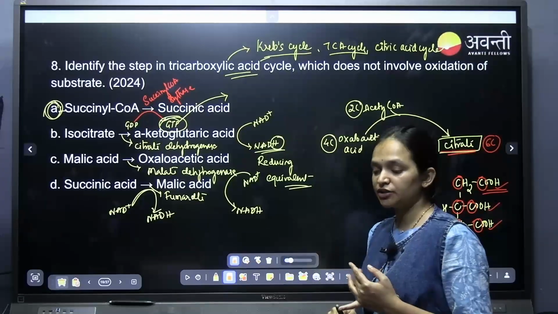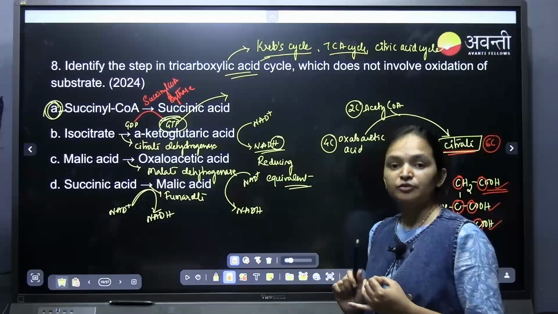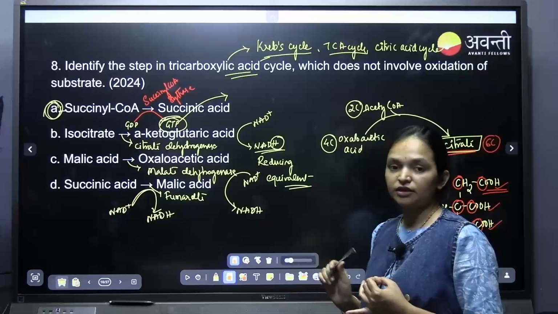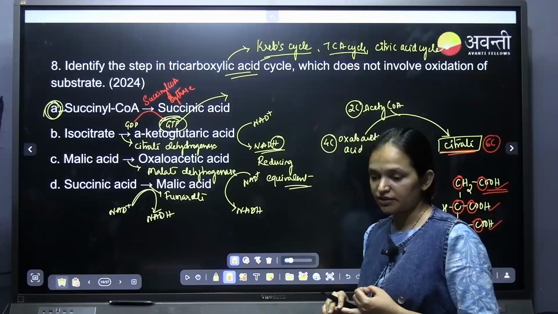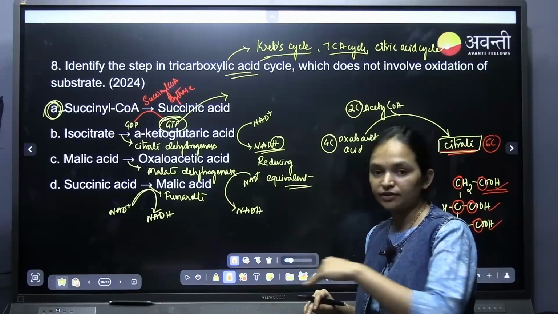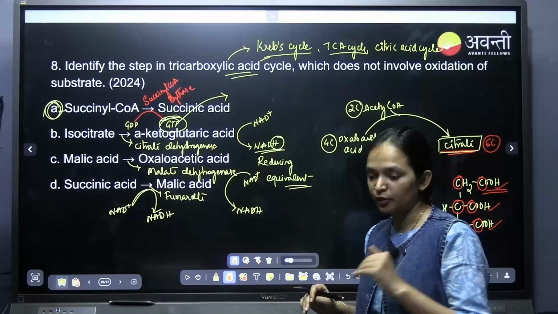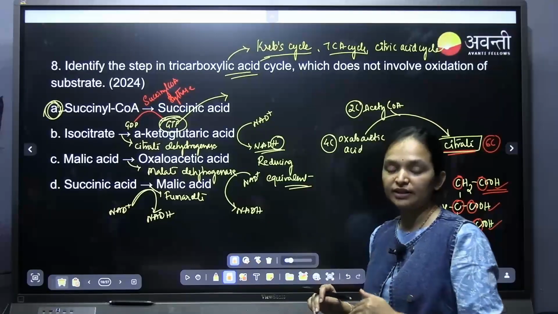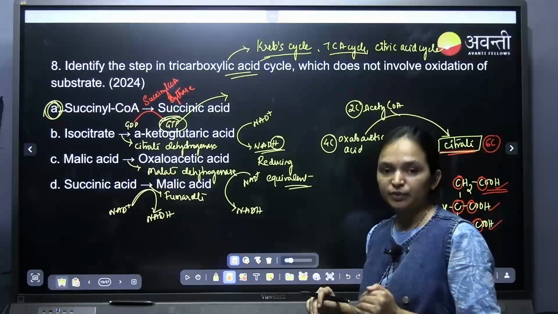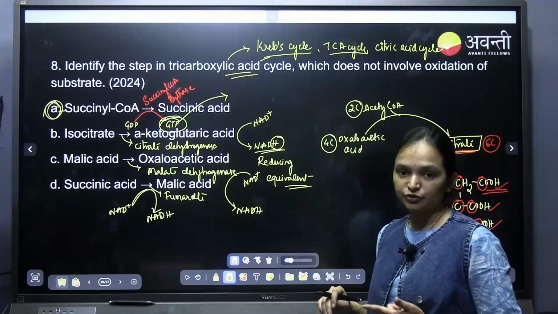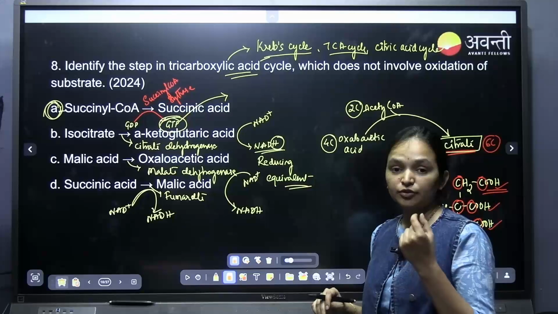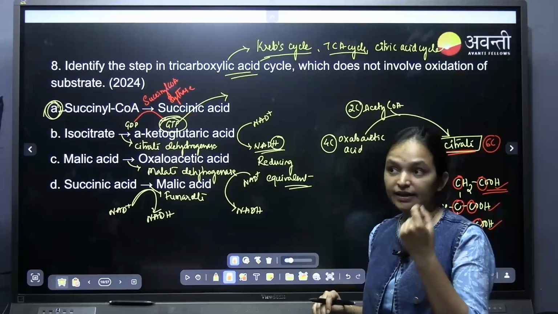One is photophosphorylation, which we learn in photosynthesis, in the cyclic phosphorylation and non-cyclic phosphorylation, where ATP is synthesized when electrons travel down the grade in the redox potential. Non-cyclic phosphorylation is the Z scheme, and cyclic phosphorylation, that is photophosphorylation, where light is used.